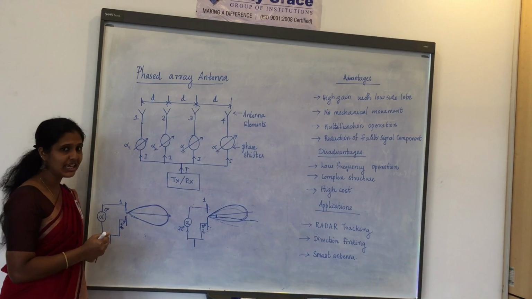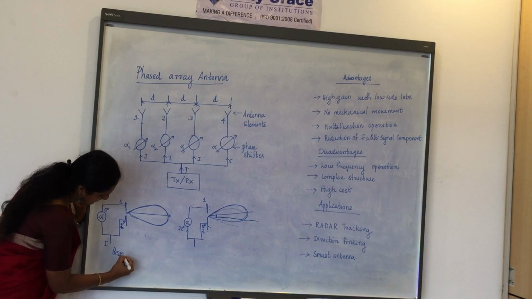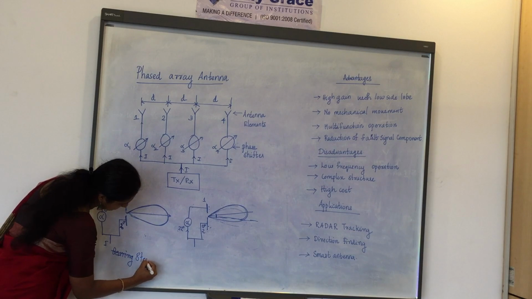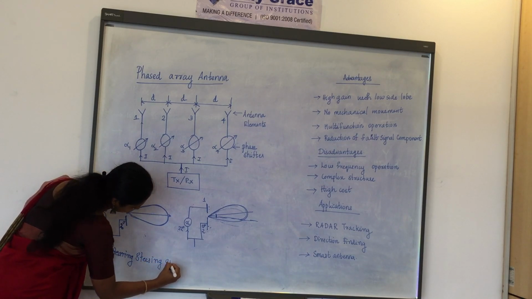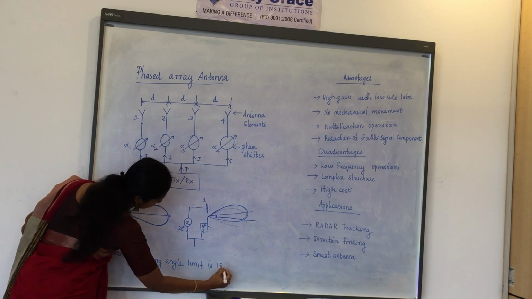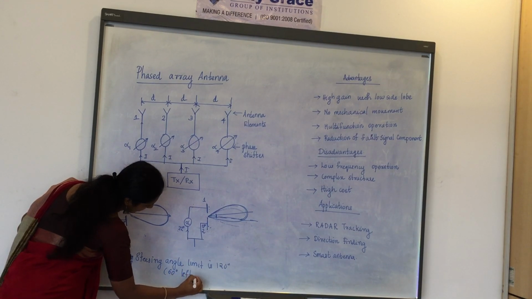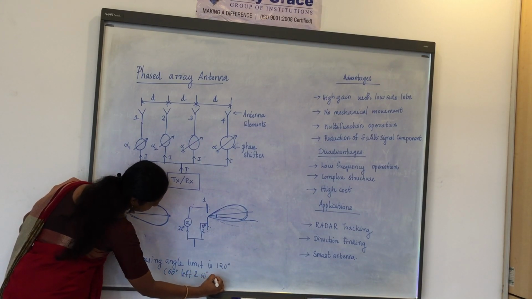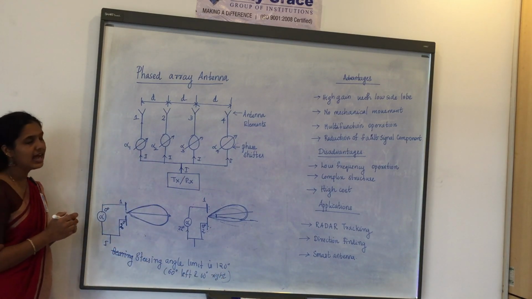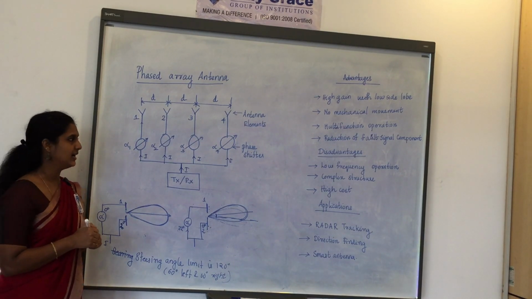In most cases the steering angle limit is 120 degrees, which means 60 degrees left and 60 degrees right. We can steer the antenna beam through a total of 120 degrees. So this is the principle behind the phased array antenna.